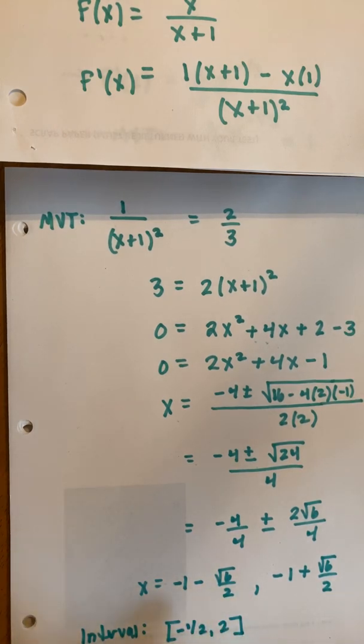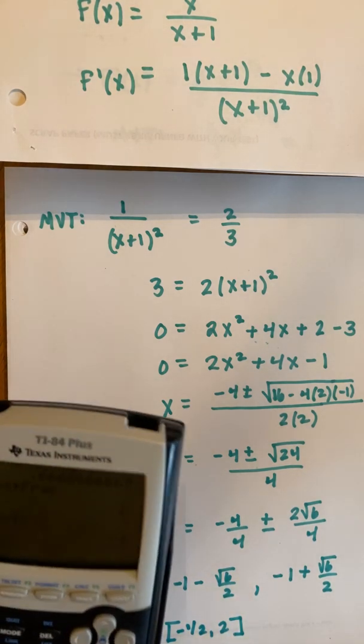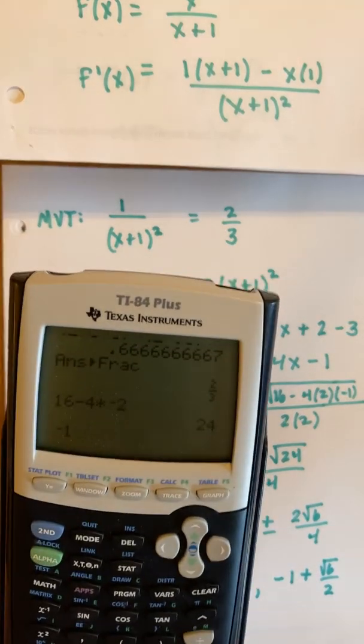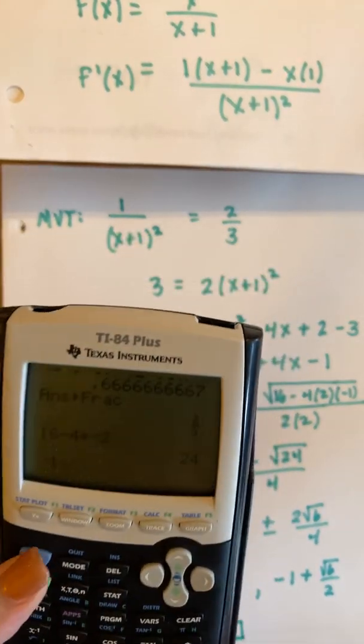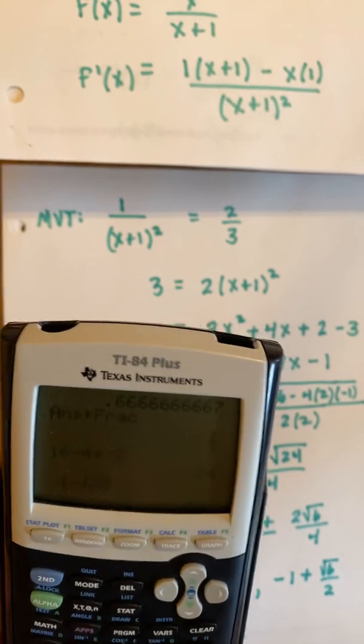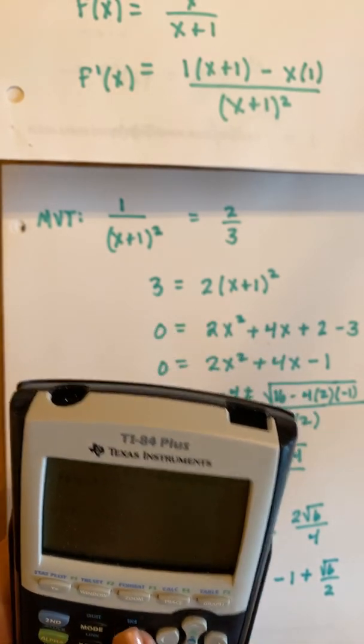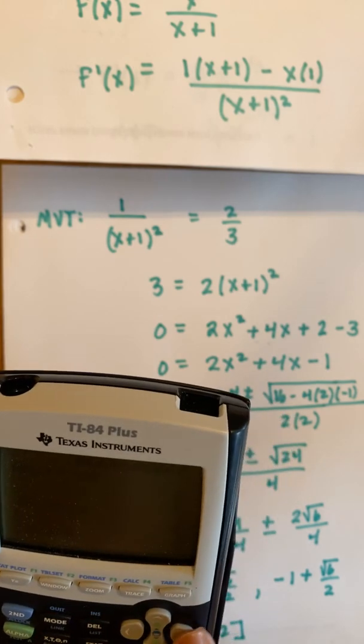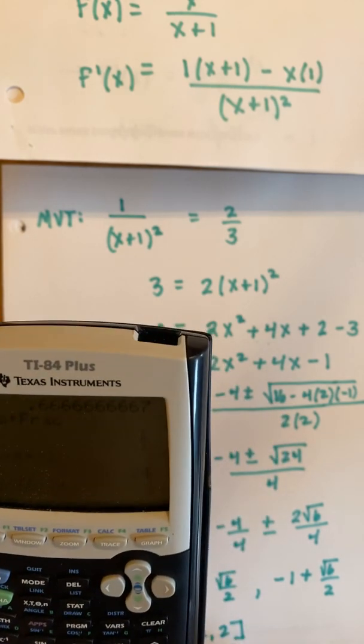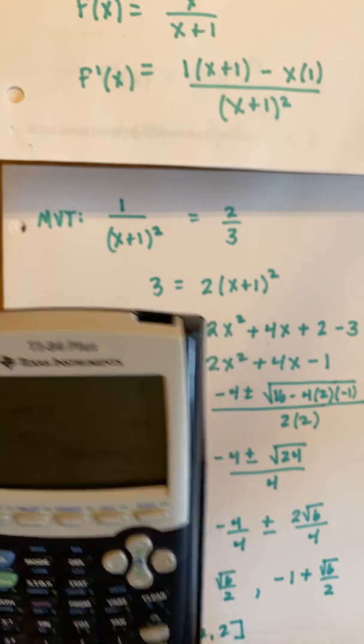And if we pop these numbers in our calculator, you'll see that, well, let's see. -1 minus the square root of 6 divided by 2. And does that fall? Whoops, nope, don't do that. Sorry, it's not my calculator. I'm not used to this one. All right, so that's -2.2.